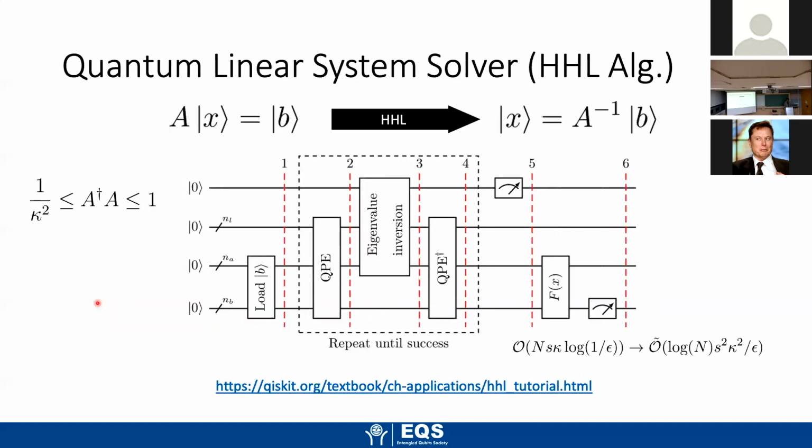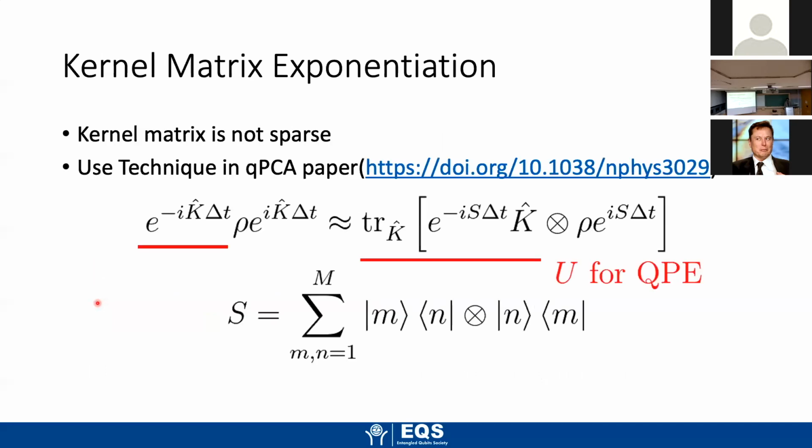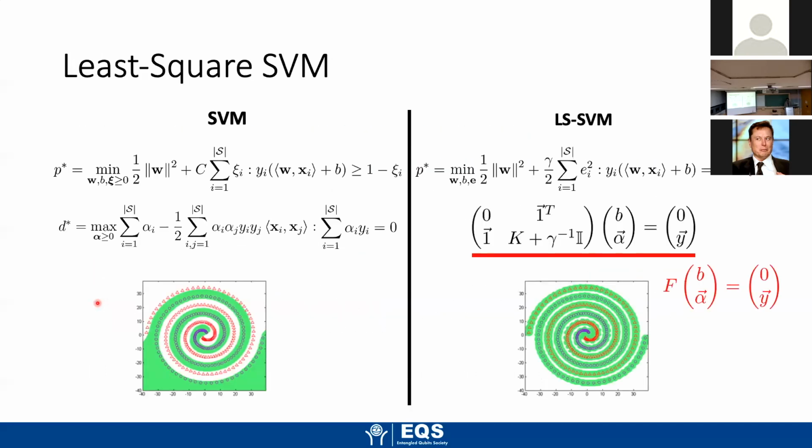In this case, in the SVM case, is the F matrix only Hermitian? So the graph is given like this.